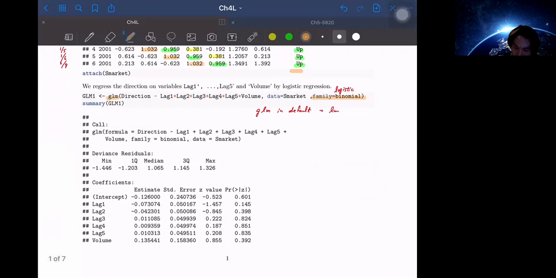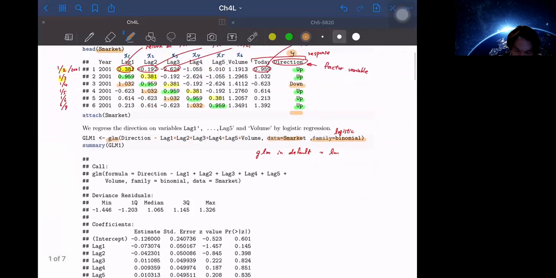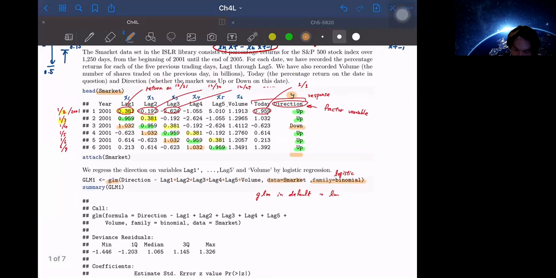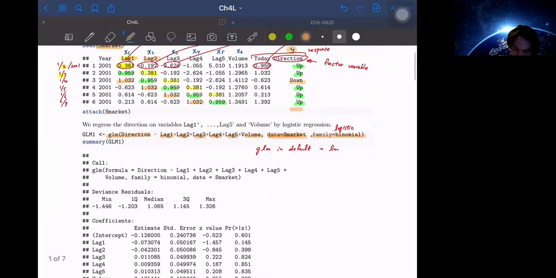Okay, and you can specify data. As long as you specify data, you can use local variables. So these variables, lag1, lag2, are only defined within this data frame, but since we have specified data, we can use these names without attaching the S market data.